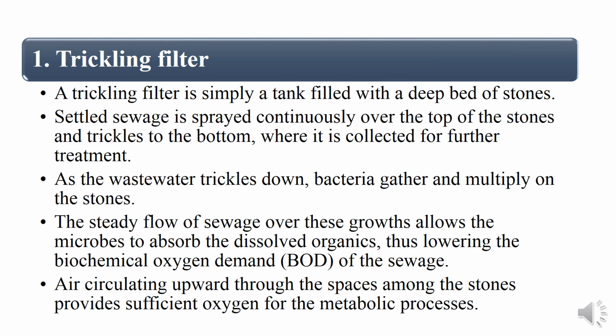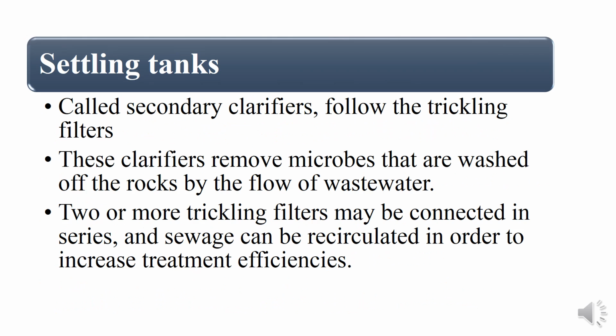The steady flow of sewage over these growths allows the microbes to absorb the dissolved organics, thus lowering the biological or biochemical oxygen demand of the sewage. Air circulating upward through the spaces among the stones provides sufficient oxygen for the metabolic processes.